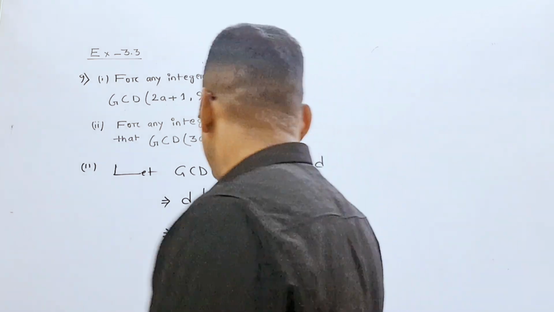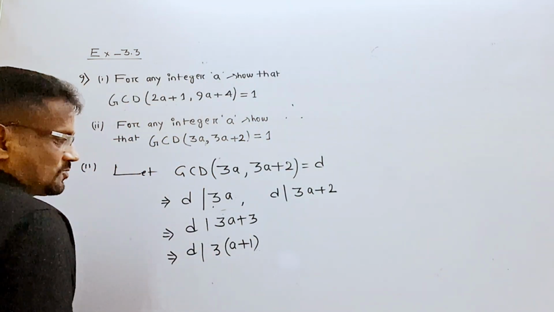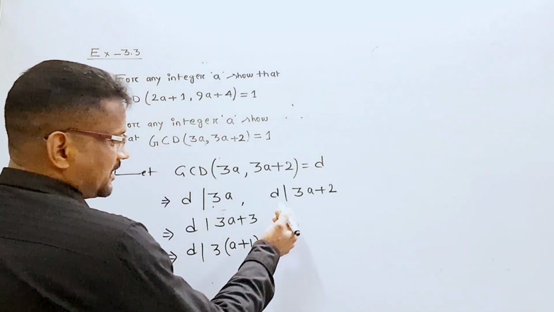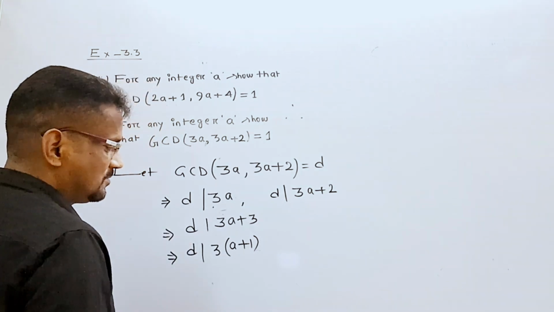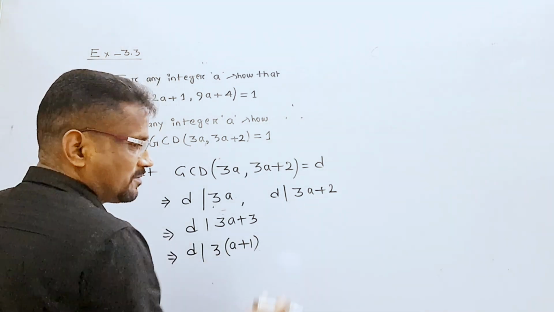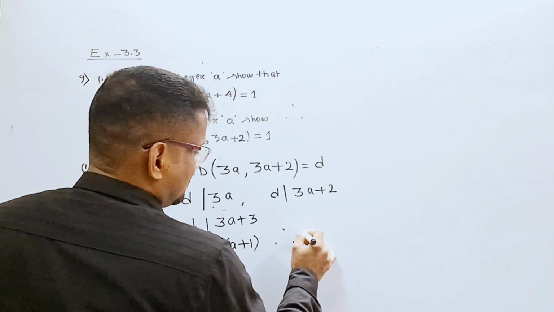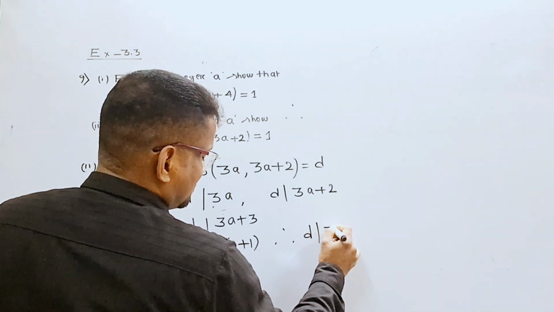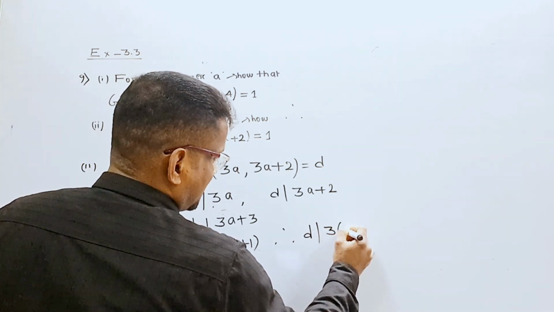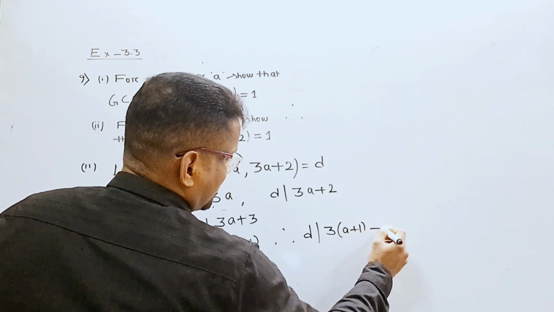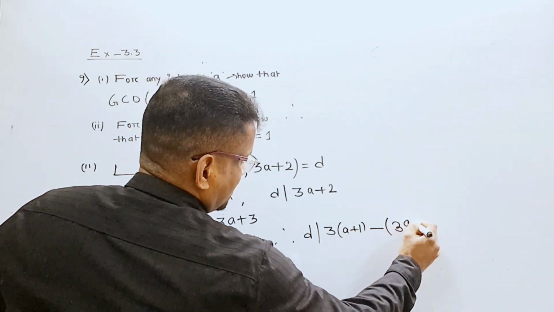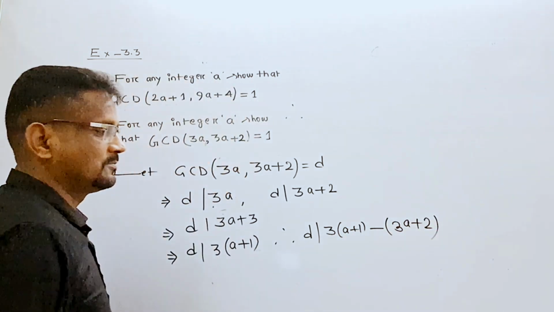That is, D divides thrice a + 1, and D divides 3a + 2. Then the difference of these two numbers is also divisible by D. Therefore, D divides 3 times a + 1 minus 3a + 2.